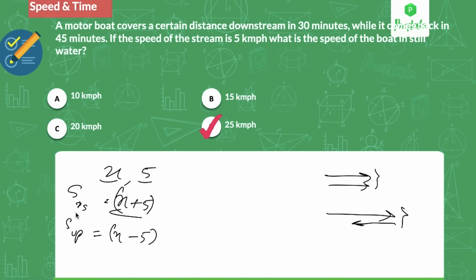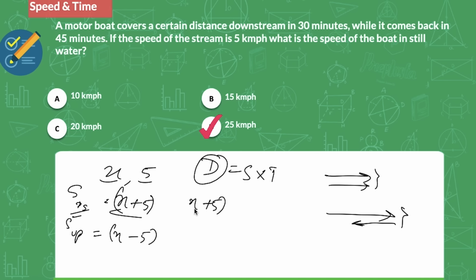So let's talk about the first. Distance is speed into time, and distance is the same for both cases. In the first case, the speed is x plus 5 and it took 30 minutes. In the second case, the speed is x minus 5 and it took 45 minutes. Since they traveled the same distance, we can equate these.